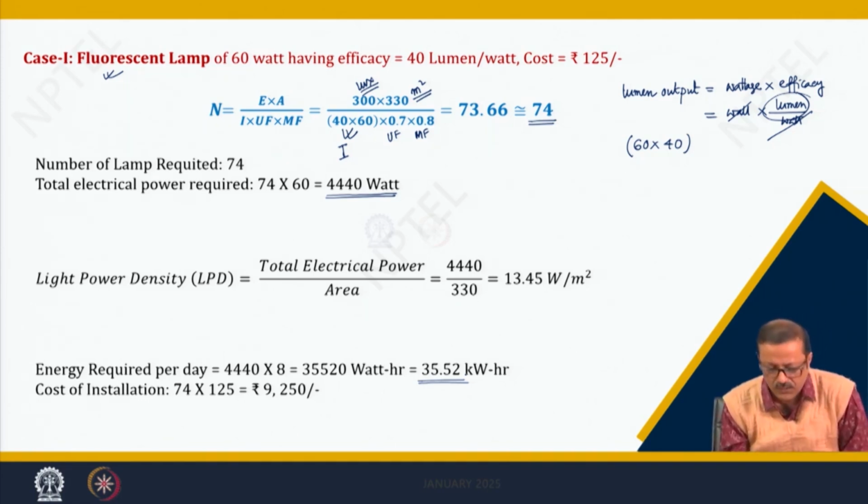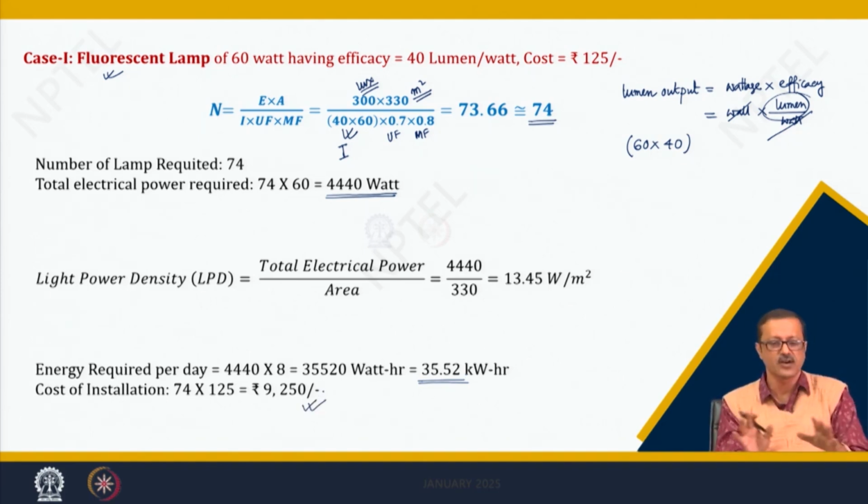So, it is 9250 rupees as the cost of installation. So, this is for my fluorescent lamp. So, what I got is 74 lamps are required to illuminate. To run a particular day with 74 fluorescent lamps, I require 35.52 kilowatt hour as the energy per day, and the cost of installation for 74 fluorescent lamps is almost 9,250 rupees.